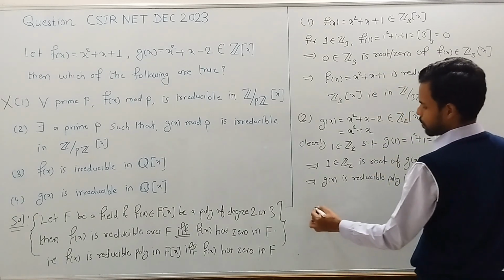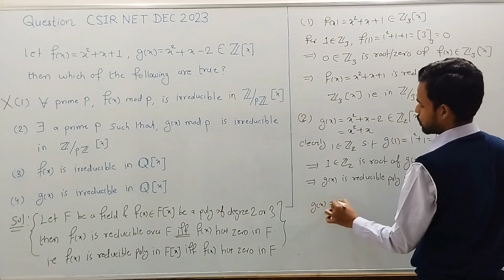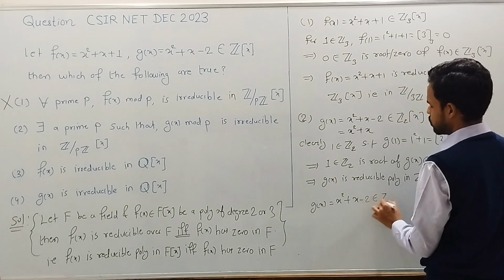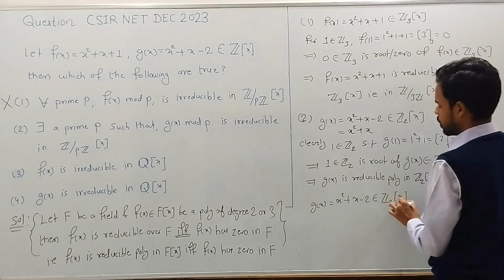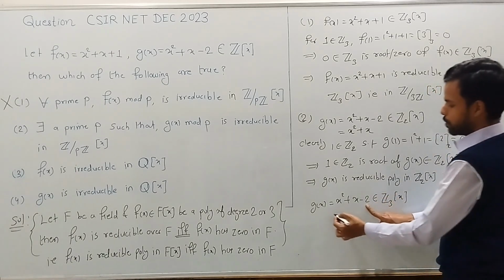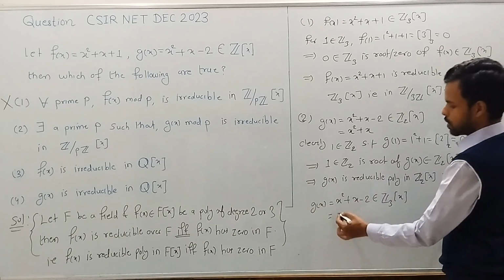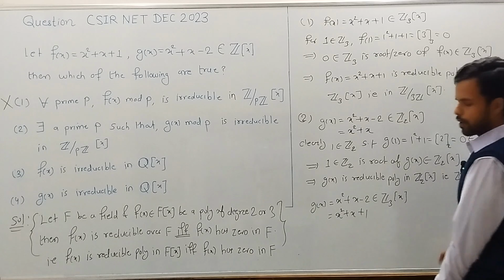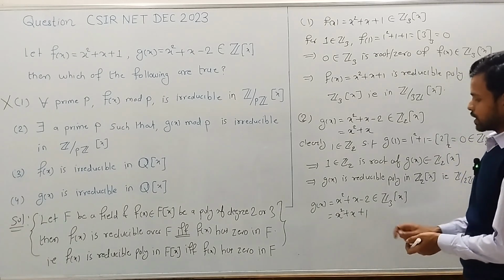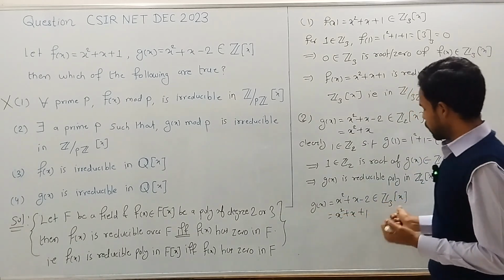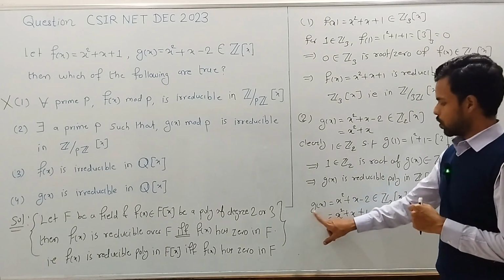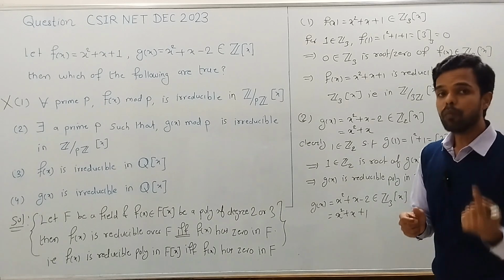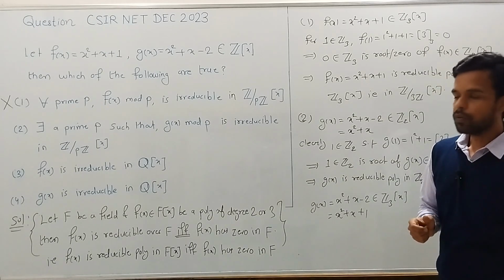Now let's verify for p equals 3, say. For p equals 3, g(x), which equals x² + x − 2, belongs to Z3[x]. When we reduce the coefficients modulo 3, they become x² + x + 1. Again we can see that for 1 belonging to Z3, g(1) equals 1² + 1 + 1, which equals 3 modulo 3, which is 0.